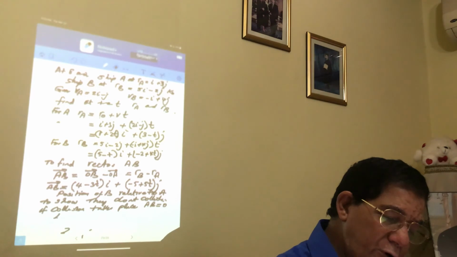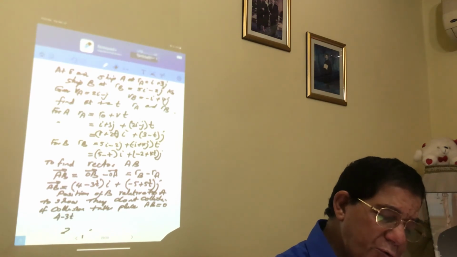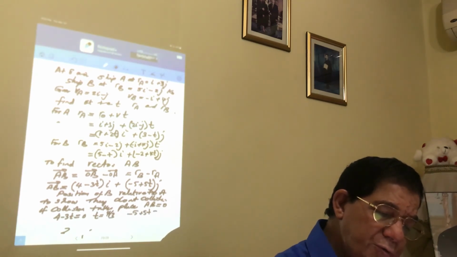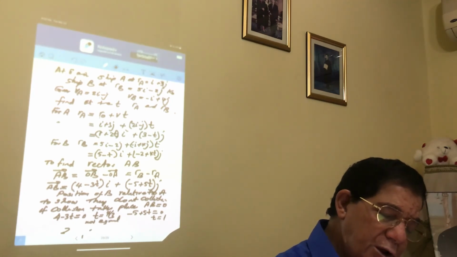So we equate 4 minus 3t equals 0, and we get t equal 4 over 3. We equate negative 5 plus 5t equals 0, and we get t equal 1. They are not equal. Therefore, they don't collide.